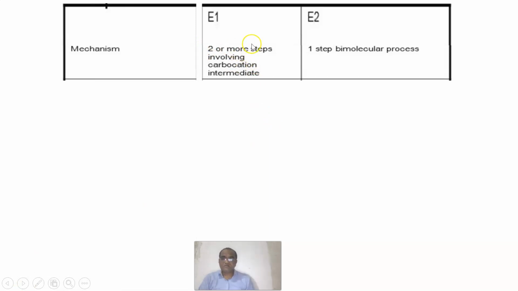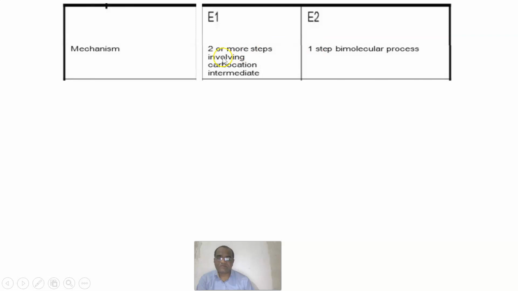In the case of E1, there are two or more steps, while in the case of E2 there is only one step, where simultaneously the proton is abstracted, the pi electrons form a double bond, and at the same time the halogen leaves. So E2 is only one step, and it depends on the concentration of the substrate as well as the base.